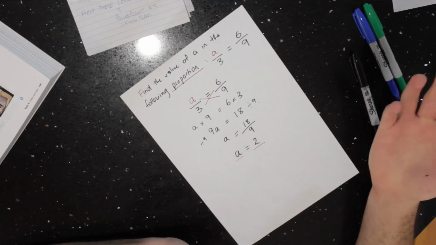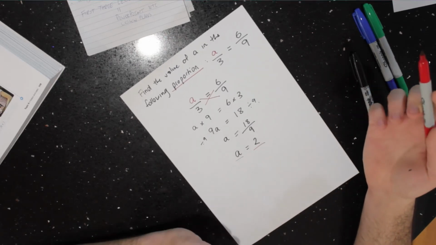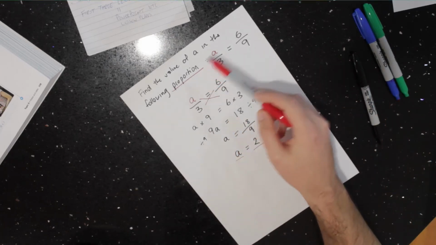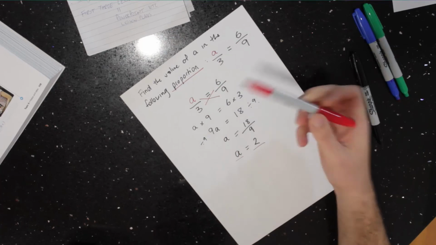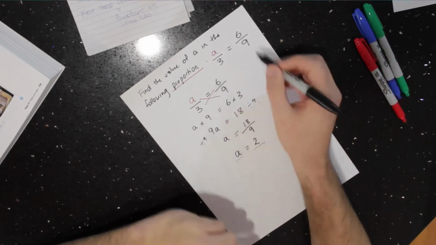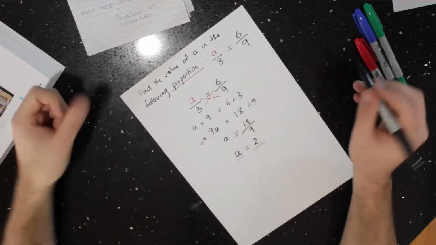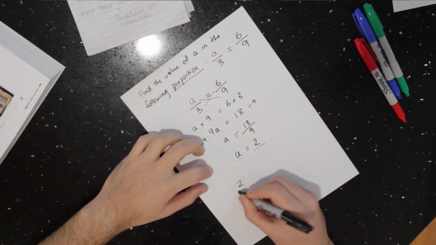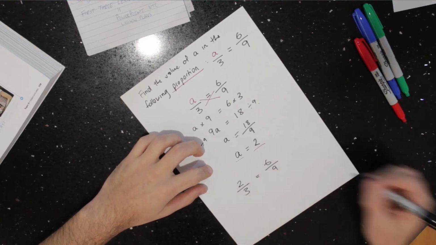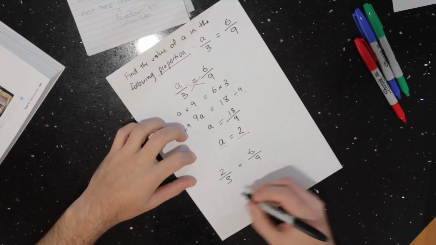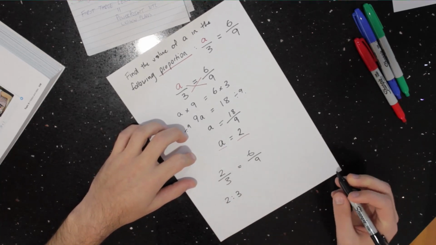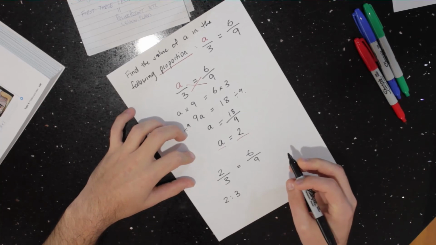So we found the value of A in the following proportion. But if we were to rewrite this up here and put it back in to see if it works, 2/3 is also equal to 6 on 9. Let's rewrite these as ratios. 2 is to 3 is going to be the same as 6 is to 9.